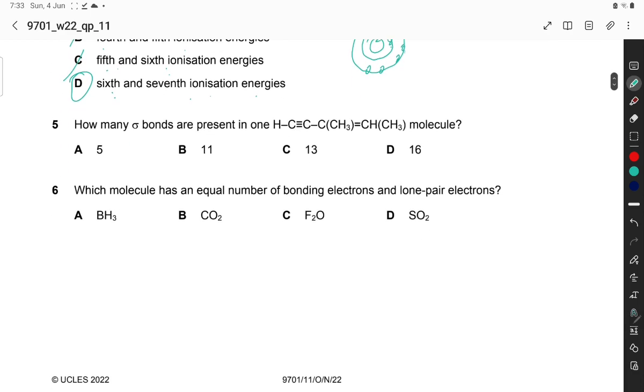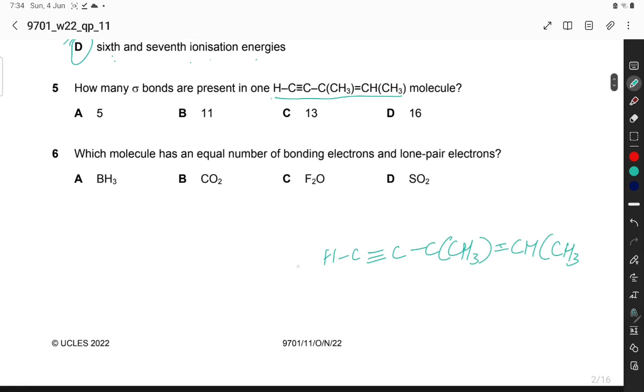How many pi and sigma bonds are present in one molecule? This molecule is HC triple bond C, CH3, CH and CH3. So how many sigma bonds are there in this molecule?